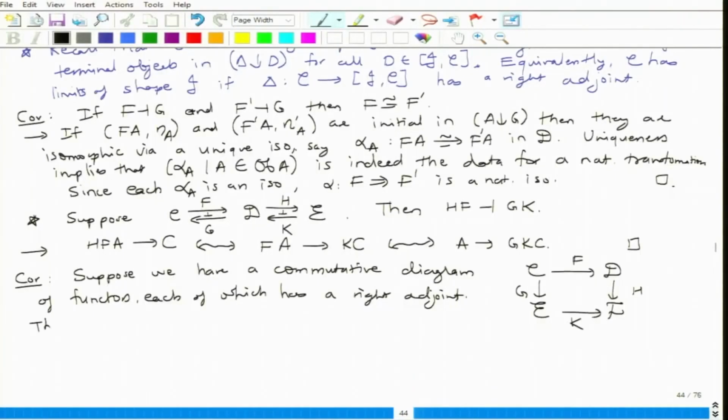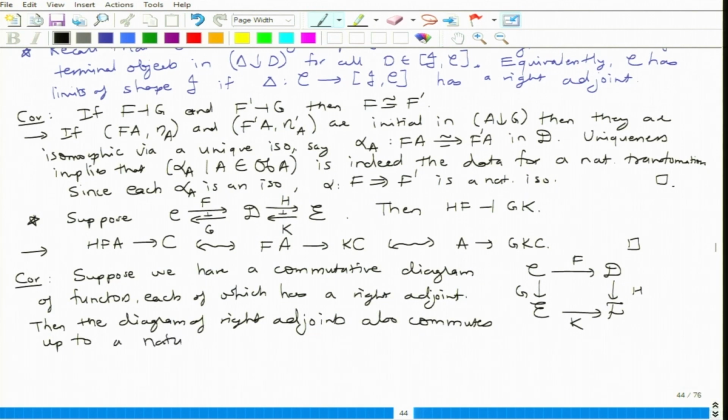Then the diagram of right adjoints also commutes up to a natural isomorphism.